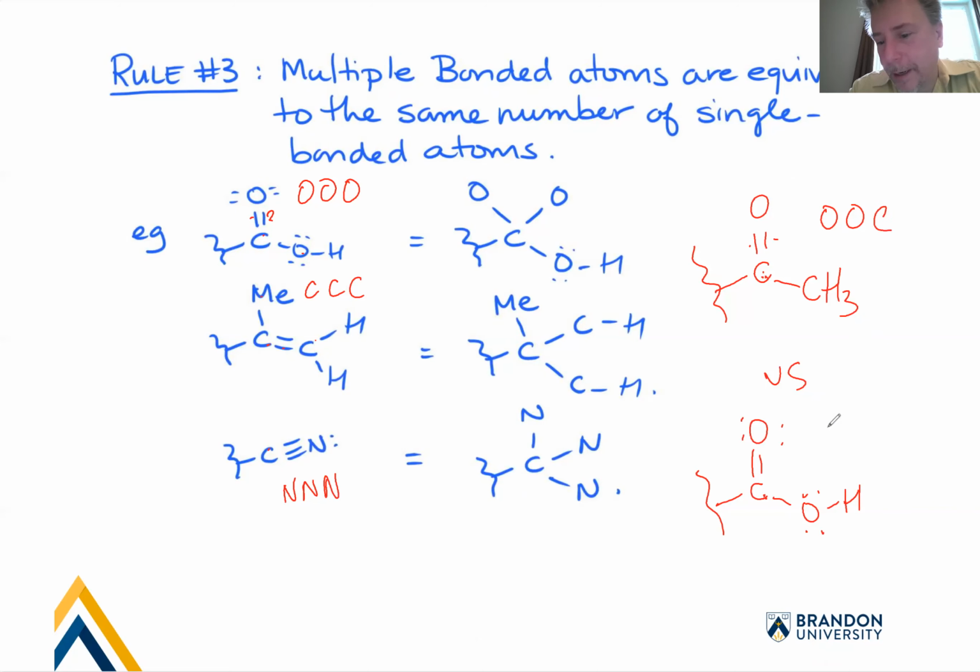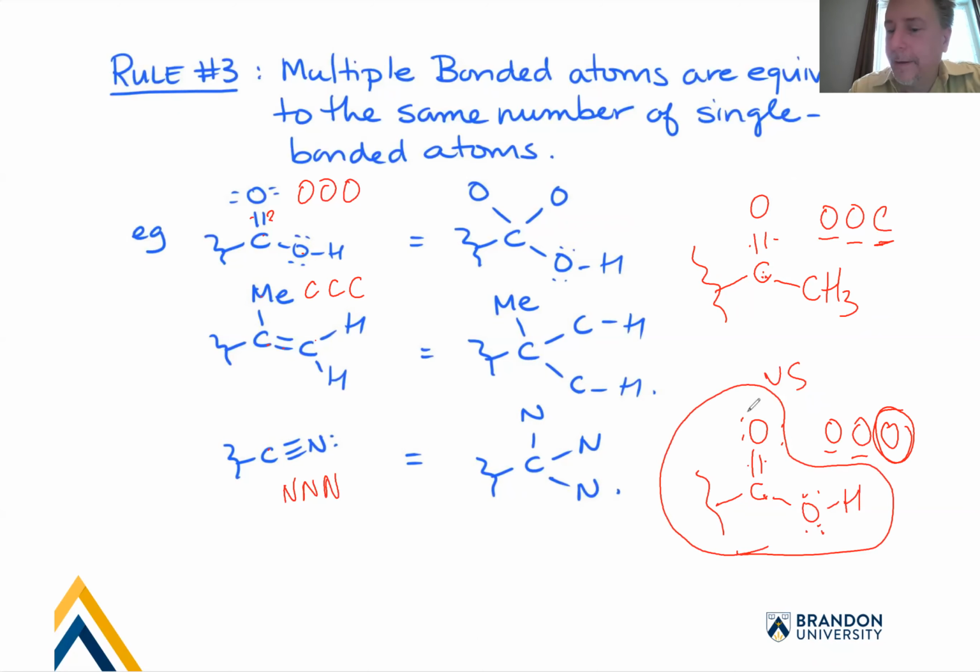Whereas this carbon down here is bonded to oxygen, oxygen, oxygen, 1, 2, 3. So if we're going to compare the two, oxygen tied, oxygen tied, oxygen beats carbon, because it's a higher atomic number. So the carboxylic acid would be a higher priority than a ketone. So that's basically how it works.